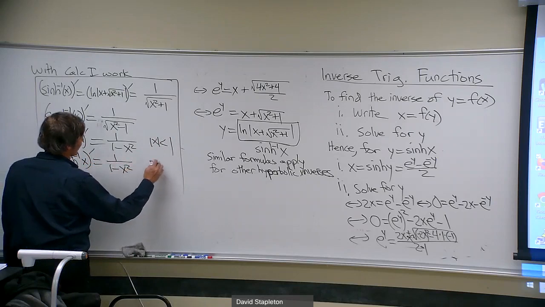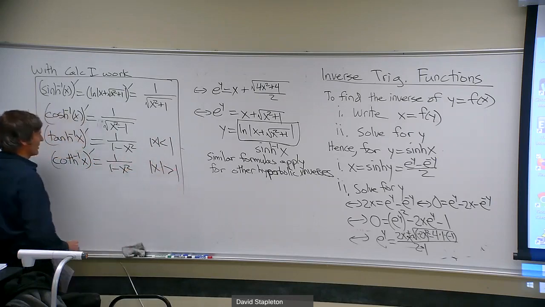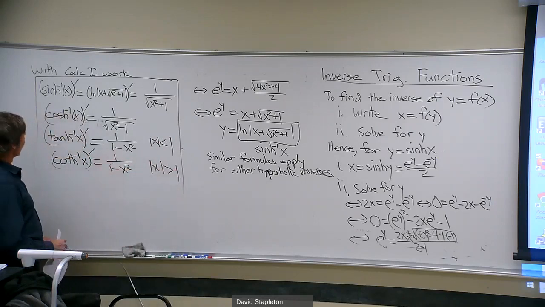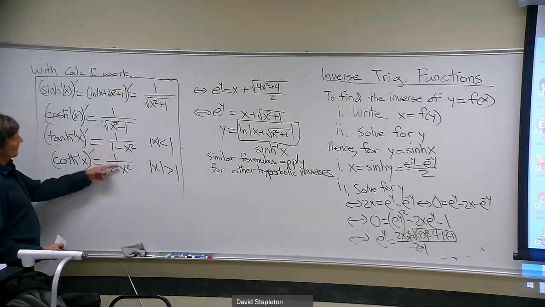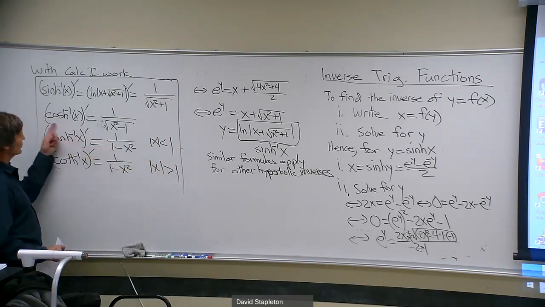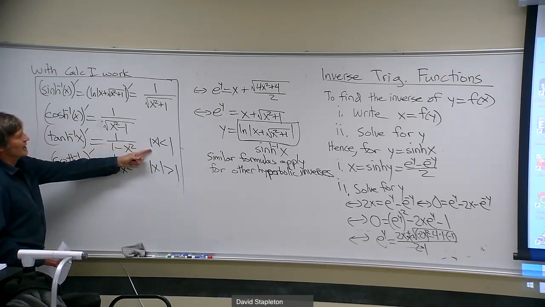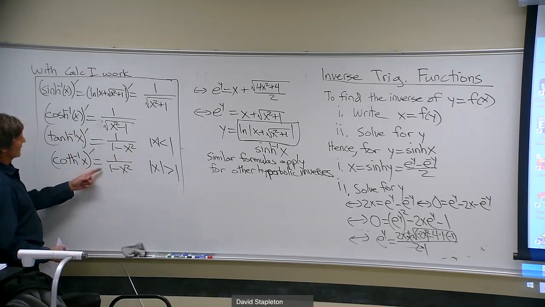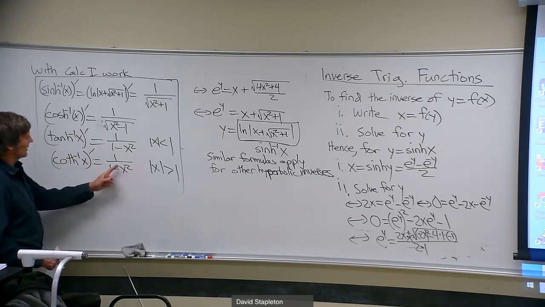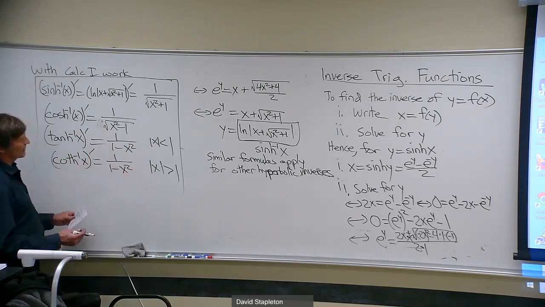Oh, it's for the absolute value of x greater than 1. But that does point out that when you want to integrate these things, you can get either one of these two things. The integral of 1 over 1 minus x squared is this one if you're integrating on an interval where the absolute value of x is less than 1, can't pass through 1, it's not defined there, it's got a vertical tangent, basically. And if you're on an interval where the absolute value of x is bigger than 1, the integral of this is inverse hyperbolic cotangent.